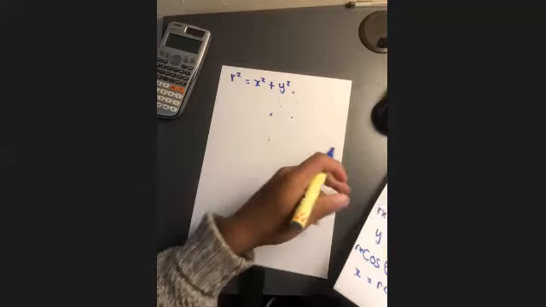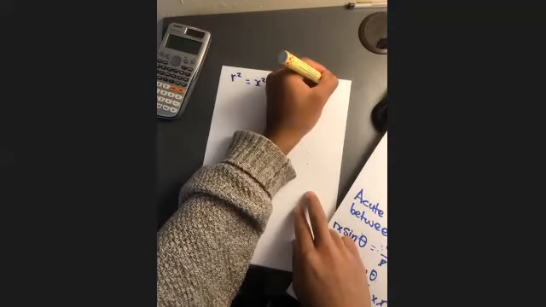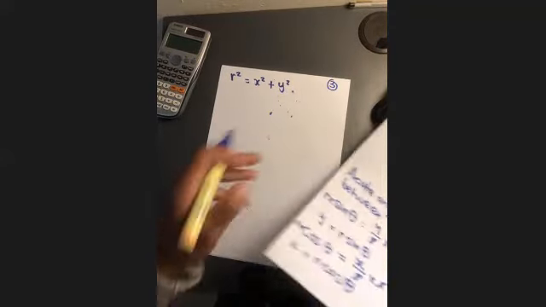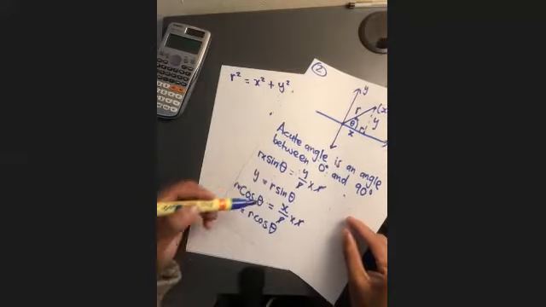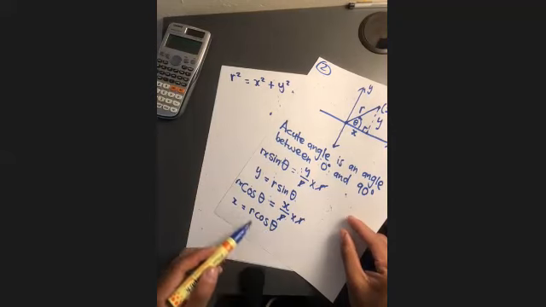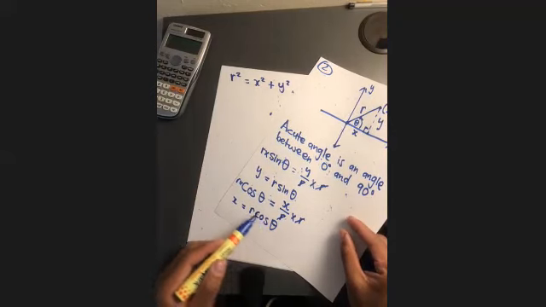But now, I'm just going to name this 3. If you look at what we got here for x, we got r cosine of theta.